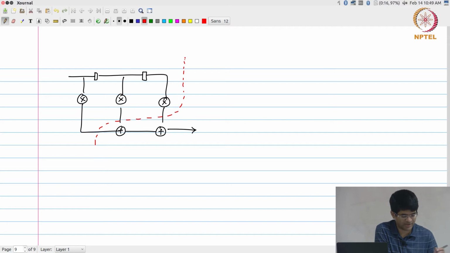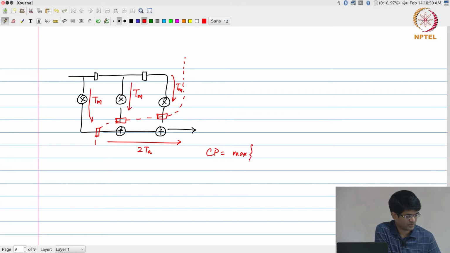And if I use this as my division and put registers over here on these 3 edges, now what does my critical path look like? Over here it is Tm, over here it is Tm, this is Tm, and this last one is 2 Ta. So, that my critical path becomes max of Tm and 2 Ta, which in this case is 2 nanoseconds, both of them are 2 nanoseconds.